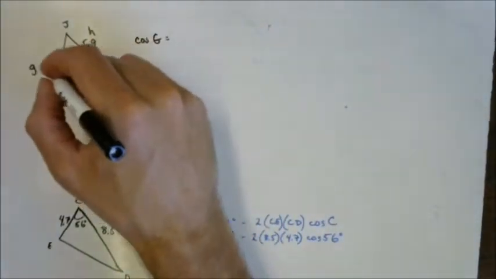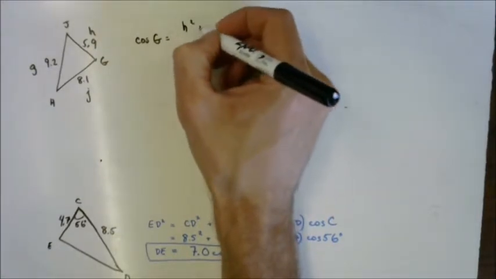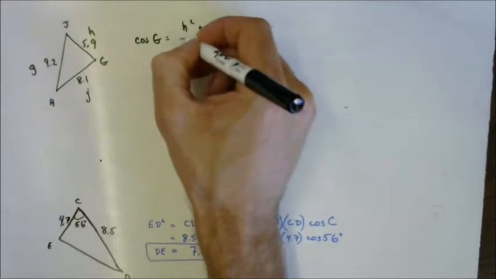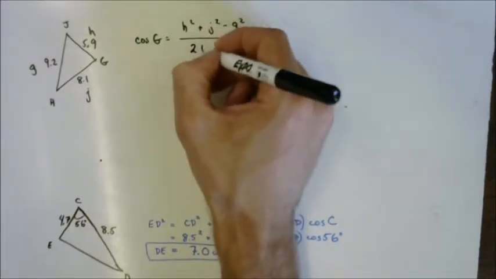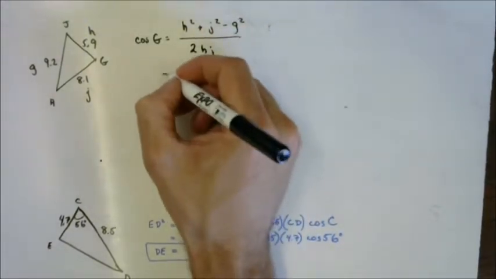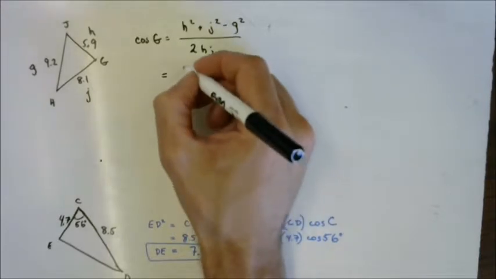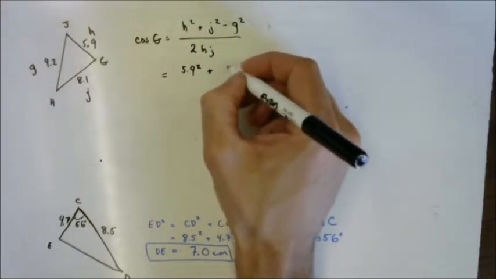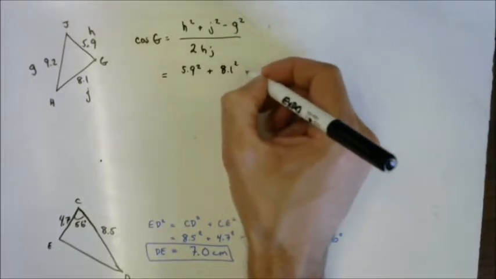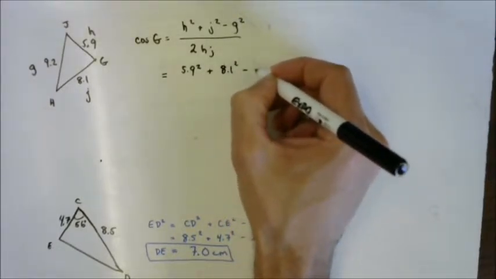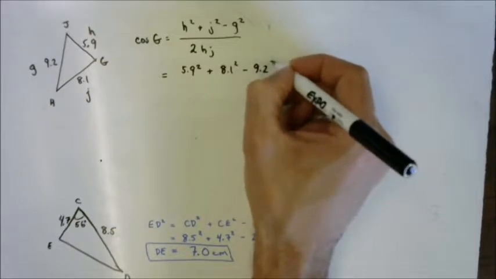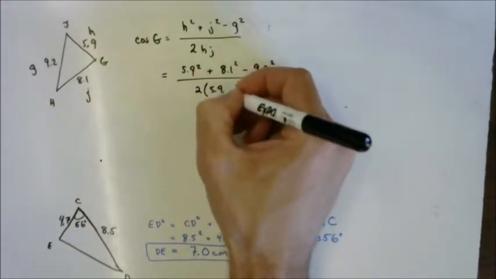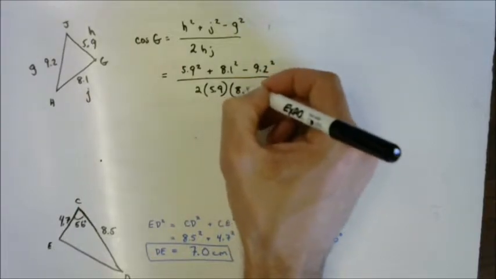So angle G, I've got H squared plus J squared minus G squared in the numerator, and then in the denominator I have 2 times H times J. Plug in all the numbers that I know. In the numerator, 5.9 squared plus 8.1 squared minus 9.2 squared all over 2 times 5.9 times 8.1.